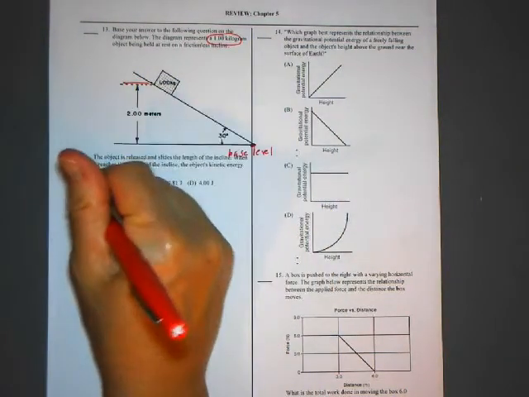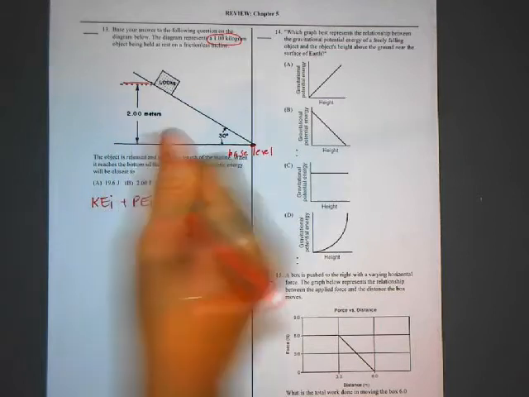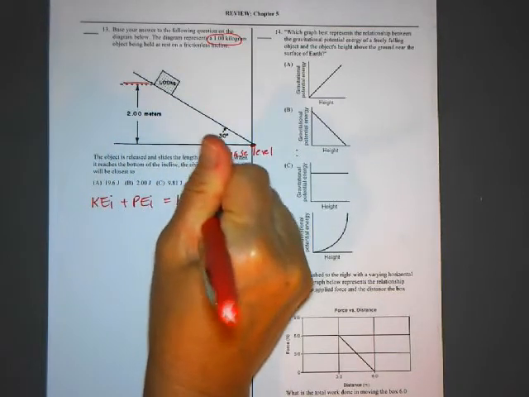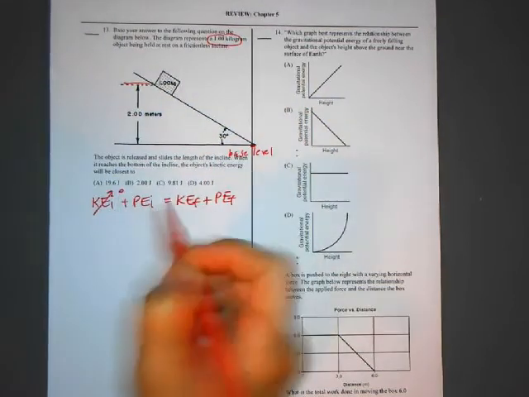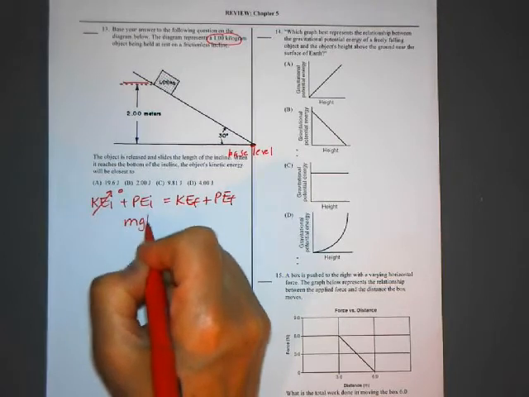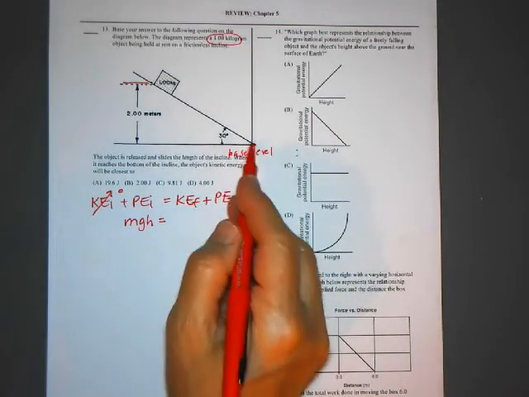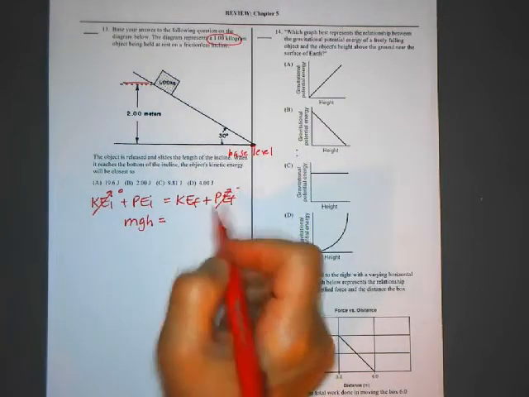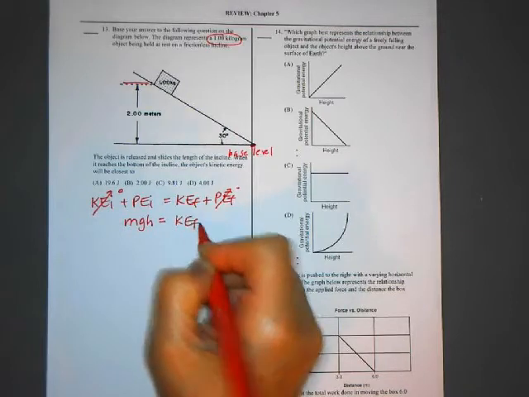So when we do KEI plus PEI is equal to KEF plus PEF, this is going to be 0. So here I have MGH is equal to, and at the ground the potential is 0 because that's base level, so this is 0. So that's equal to KEF.